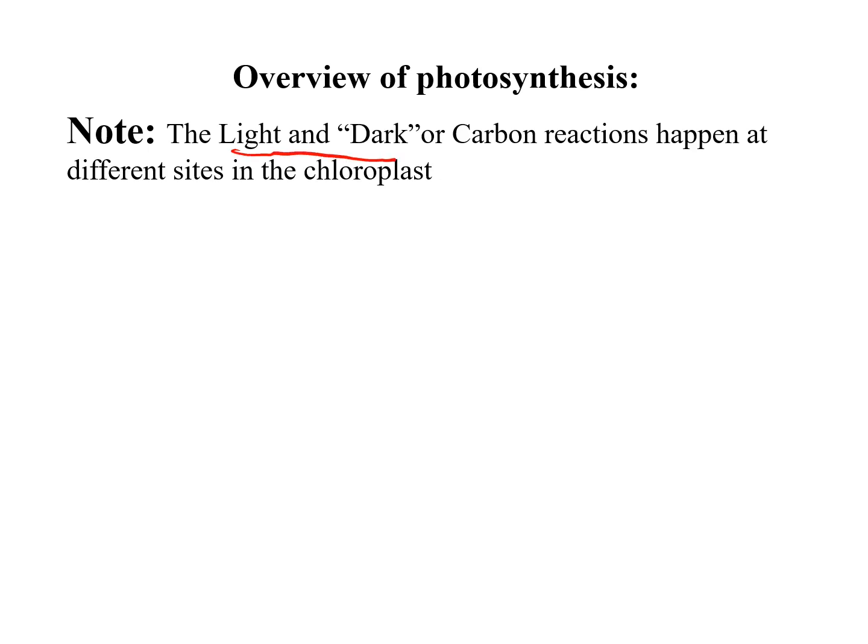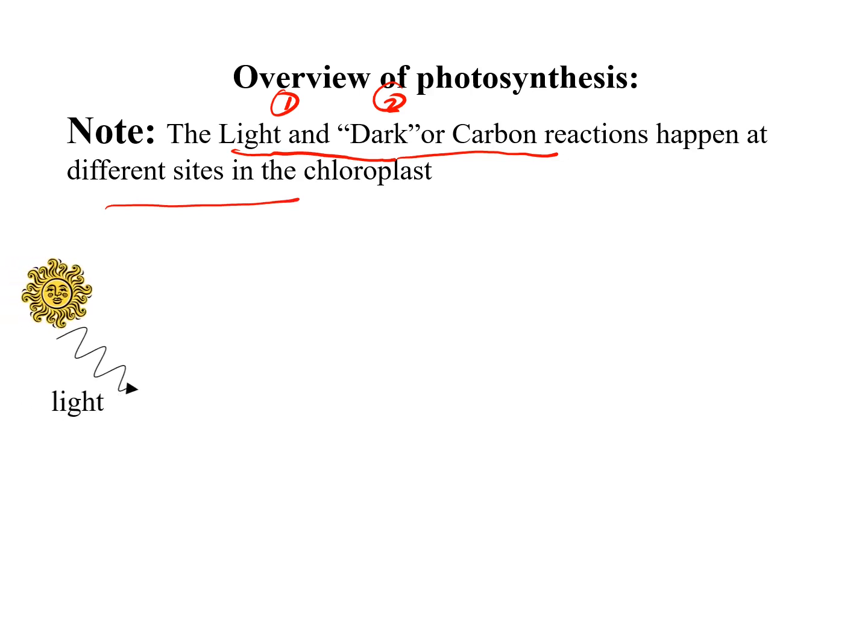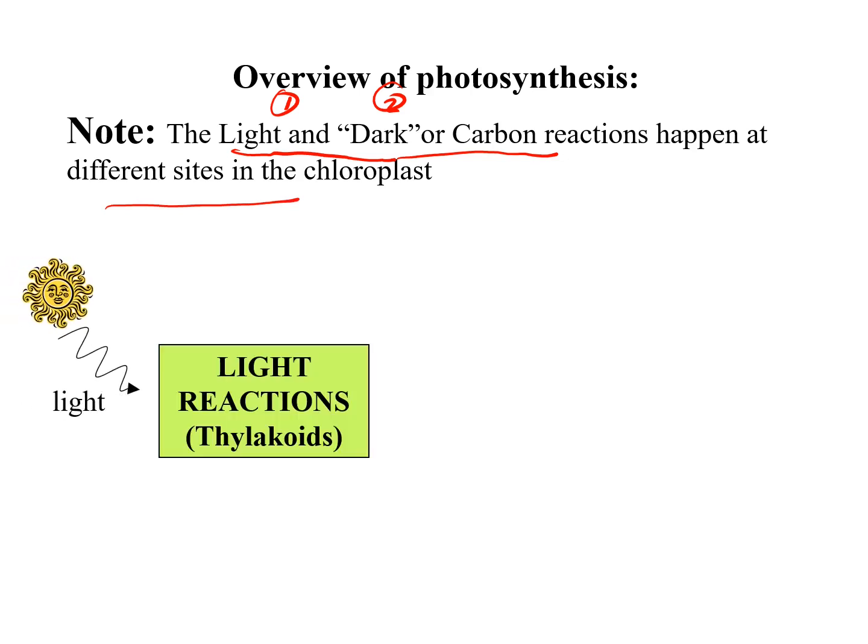From a very general perspective, photosynthesis has two main reactions. The light reaction will be one, and the second will be the dark or carbon reaction, and both happen at different sites of the chloroplast. So you have light, and this will happen in the thylakoids. You have the water, you split it, and as a result, you release oxygen.